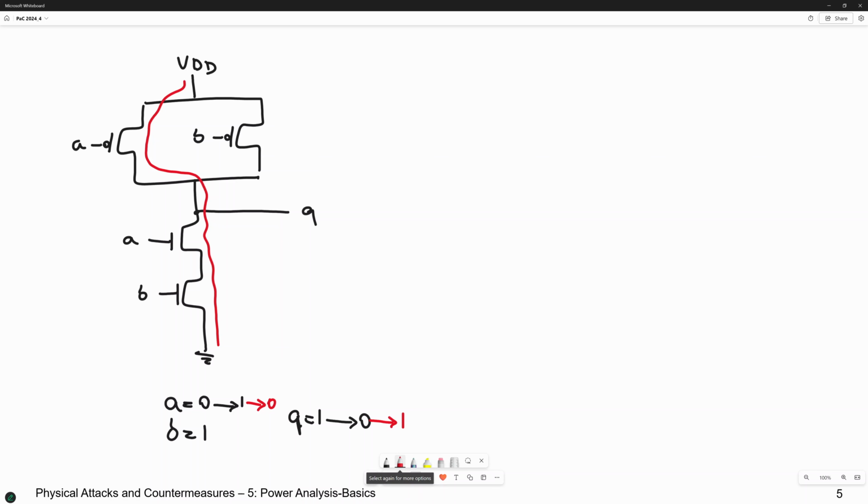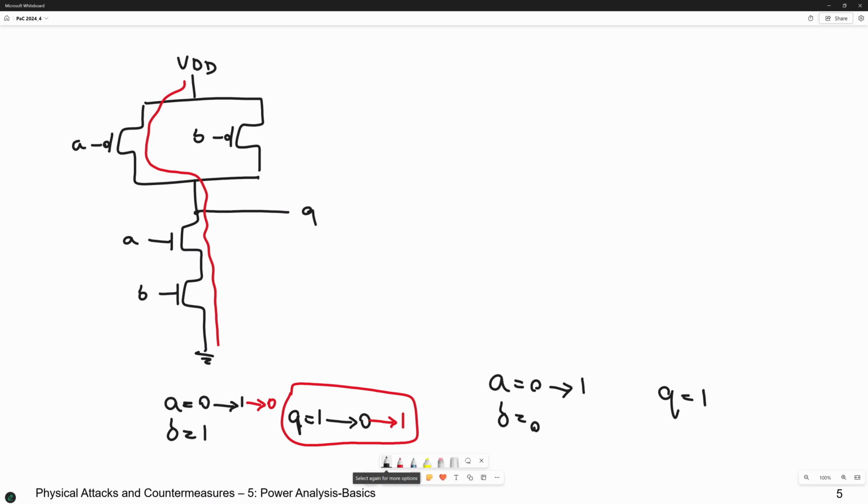If you look at here, we have the power consumption when the output changes. But if the output doesn't change, but the input changes, for example, A is 0, B is also 0, but then A changes to 1. In both cases, the Q was 1 and it stays 1. Then there is no short circuit current.